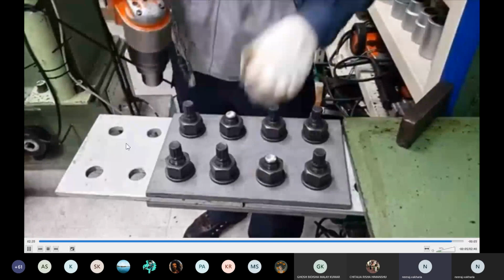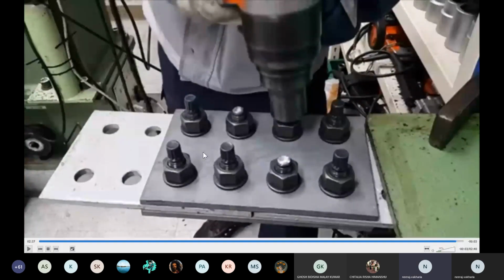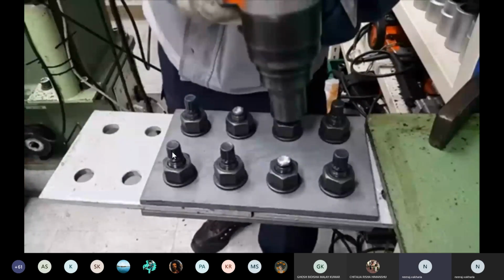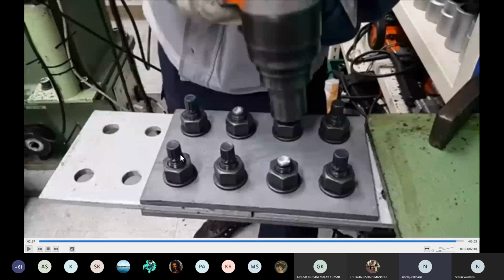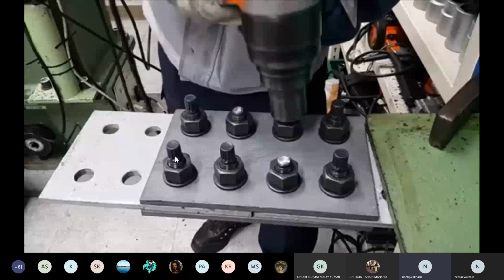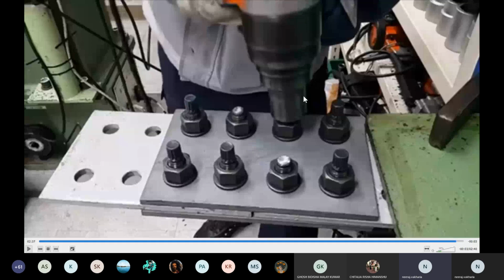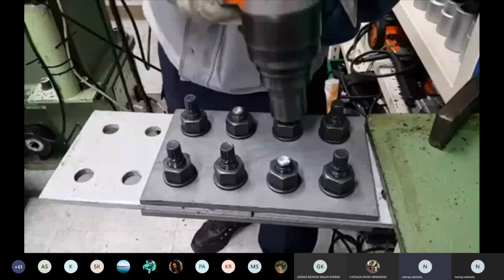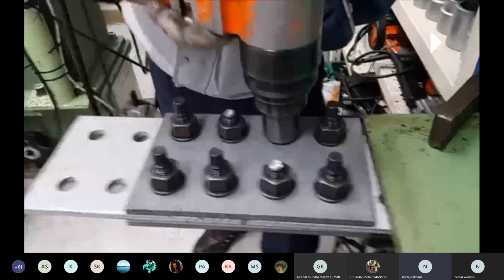Also, if you see in the image, these bolts have ribs at the end. These ribs are used to get fixed in the driller to make them tight, and then they are chipped off by the machine itself. Otherwise, to do this manually, you won't be able to manage the pressure and the torque.